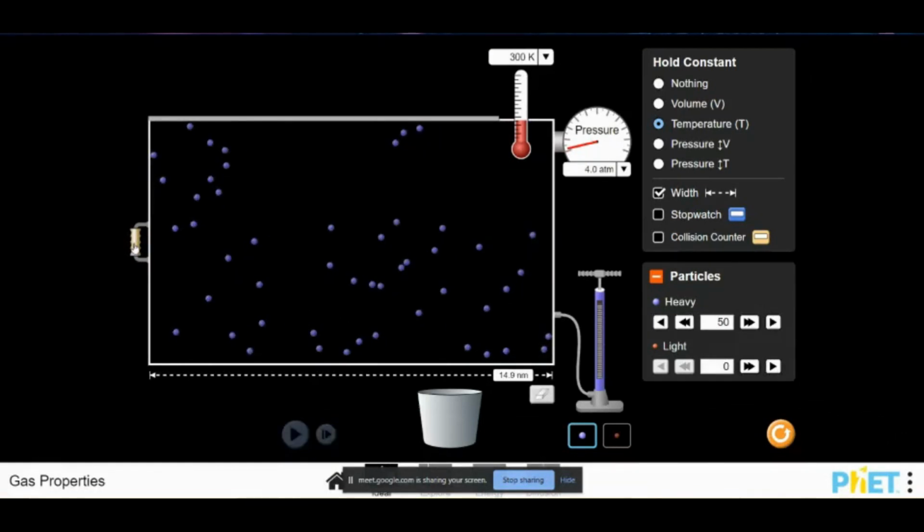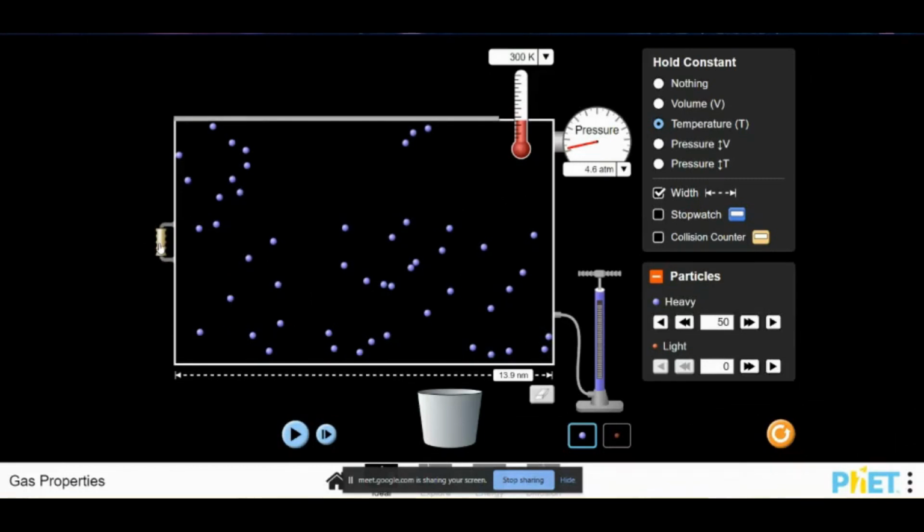This is because when the volume increases, the particles collide less frequently with the wall of the container. Less collisions mean less force, and less force results in a lower pressure in the container.